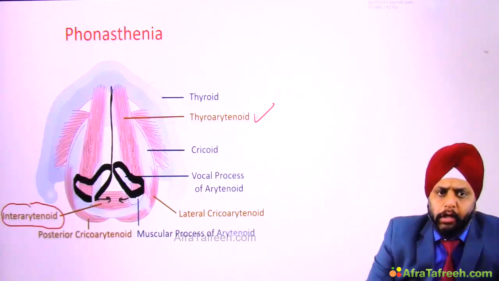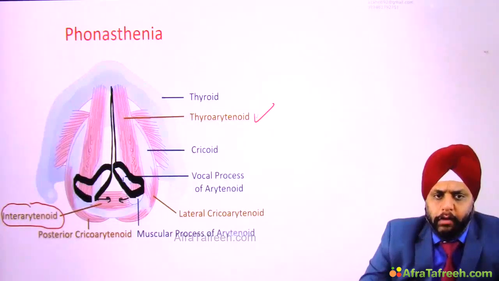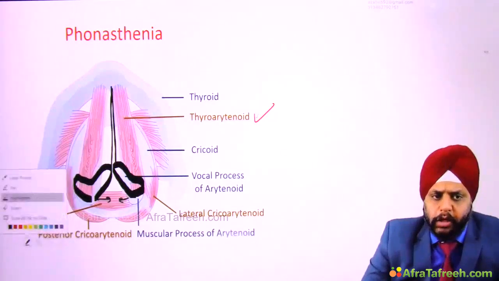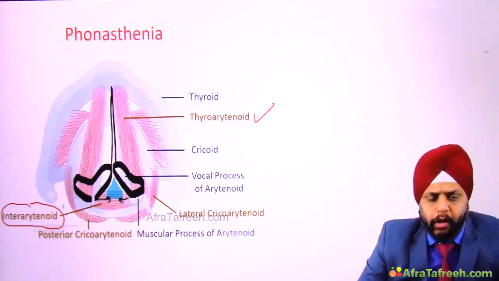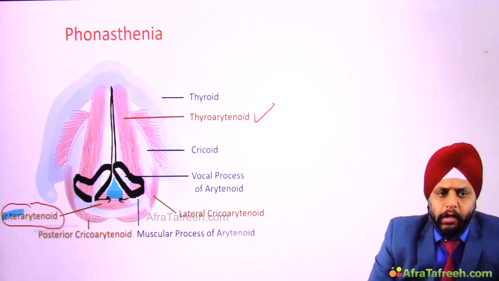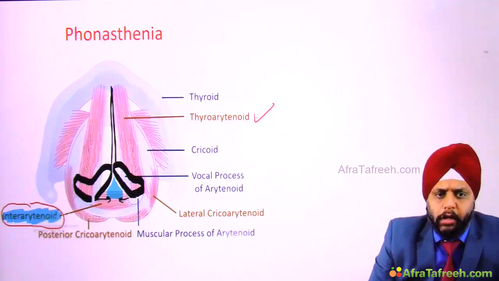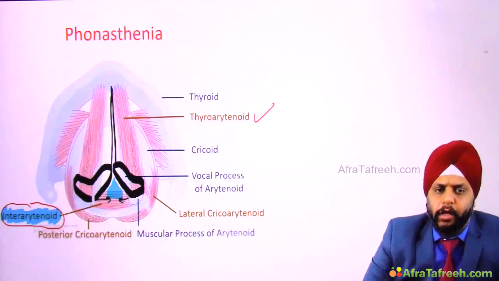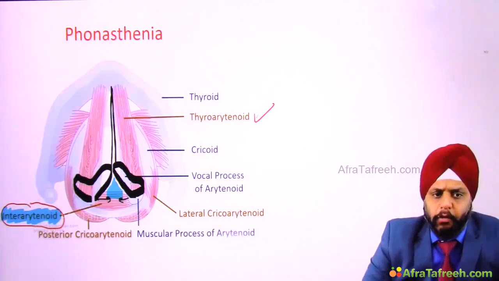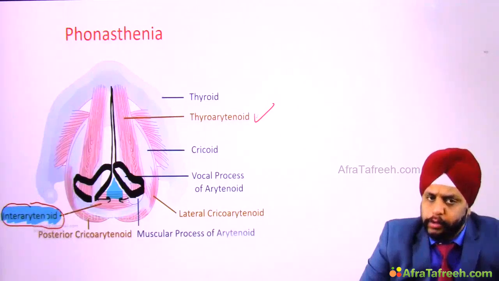Anteriorly you can see that they are together, but posteriorly there is a triangular gap. This posterior triangular gap is seen in transverse or interarytenoid phonasthenia.